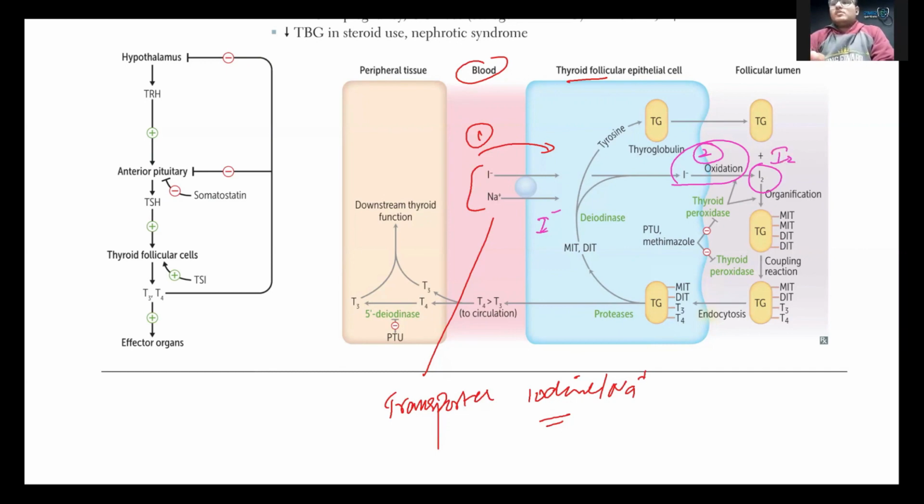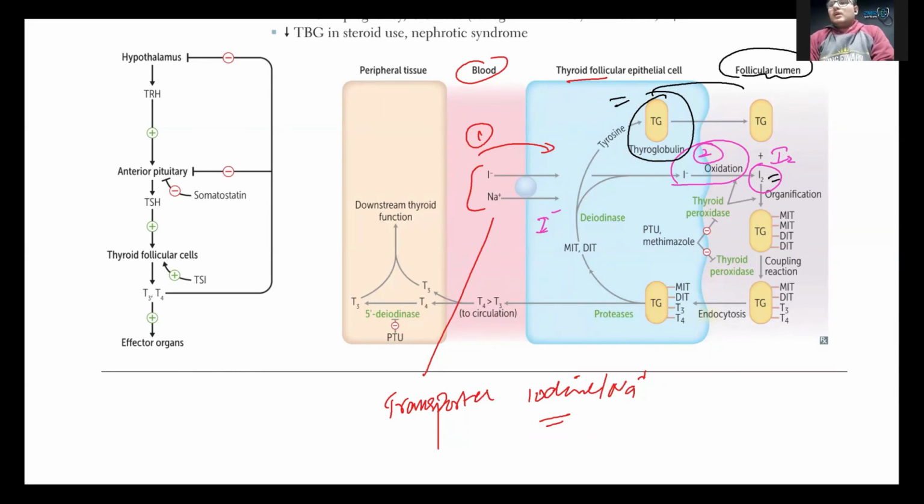Before going to the third step, we should know what thyroglobulin is. Thyroglobulin is a globulin protein, made and processed inside the cell. The thyroglobulin produced inside the cell is transferred into the follicular lumen.